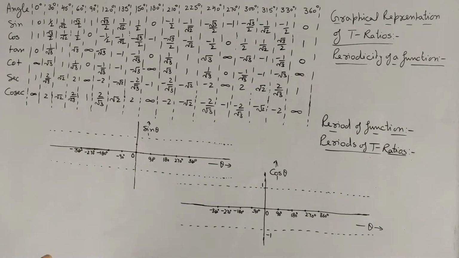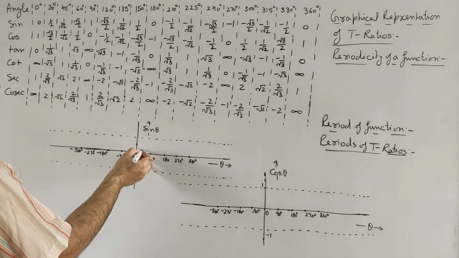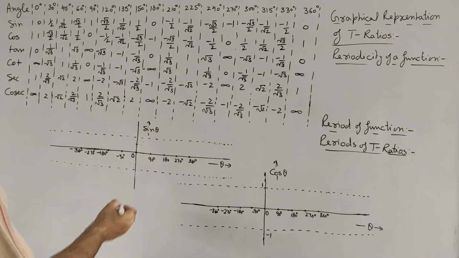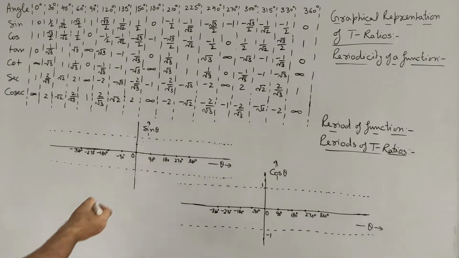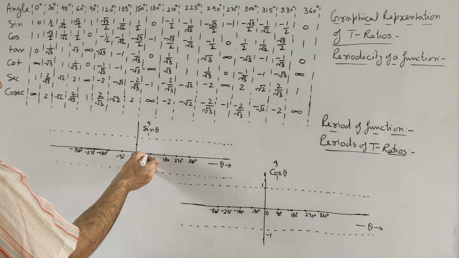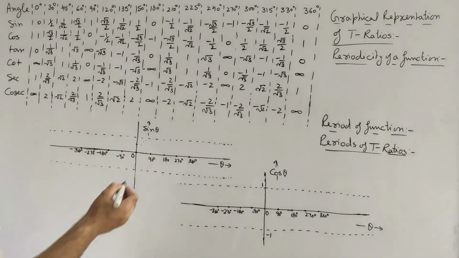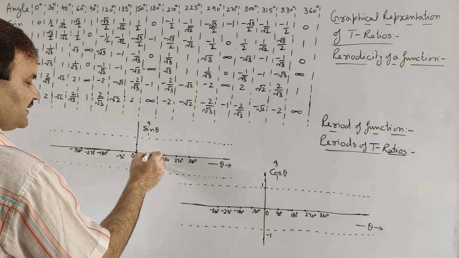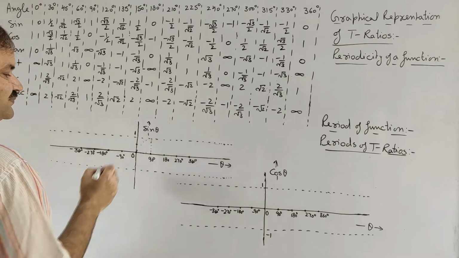it is 1 by root 2, that is 0.707, that is somewhere here. And for 60 degree it is root 3 by 2, 0.866. It means it will be somewhere here. And if we join all these points by freehand, then at 90 degree the value will be 1.